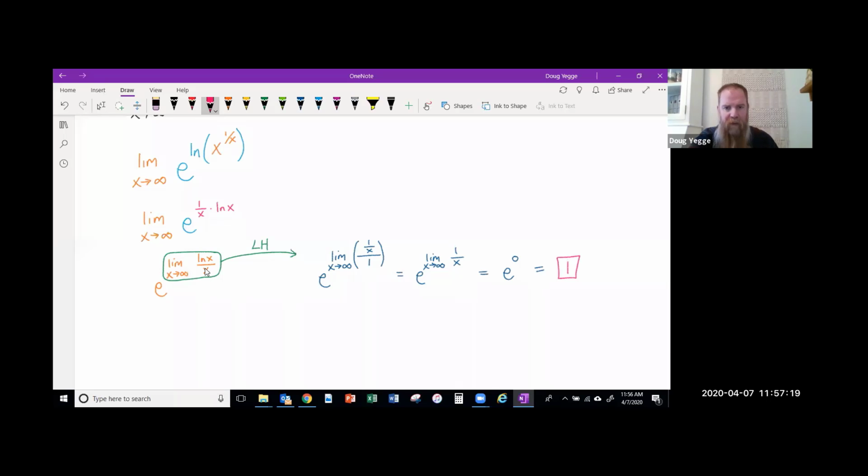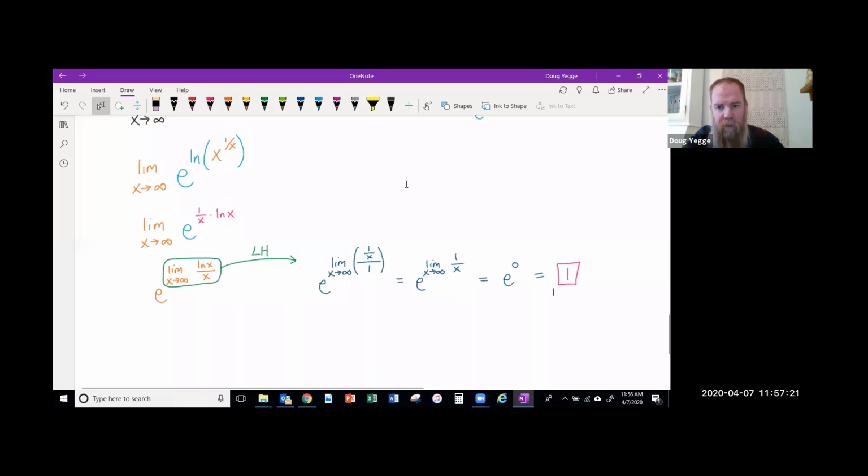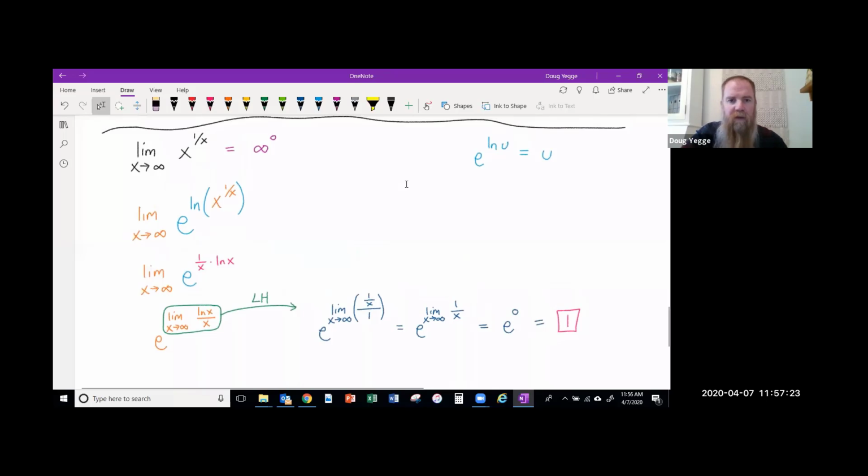So I'd like to take a look back again at what the point of this was, or what we just did. We were trying to find this limit. And what we've just done is we've said that if you were to look at the graph of this function, x to the power of 1 over x, as you approach infinity, the limit will approach an asymptote of y equals 1.